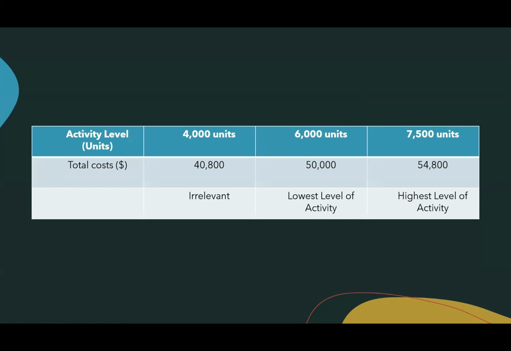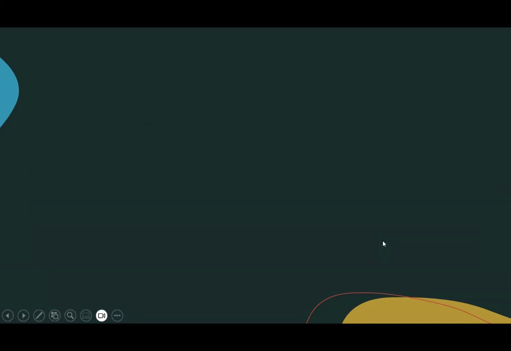So you have to make sure that it's not always the highest and the lowest level of activity, but the characteristics should also be similar. Okay. So 6,000 and 7,500 both exceed the 5,500 level of activity, and hence there is a step up of fixed cost of 10 percent in both of them. So these will become the relevant levels of activity, and from there you can choose your highest and the lowest one.